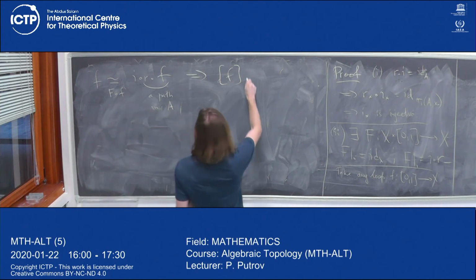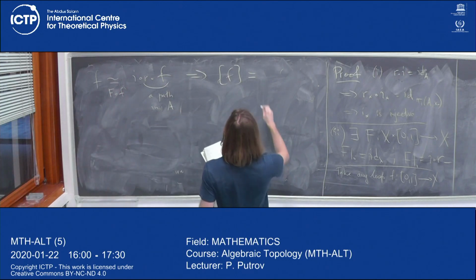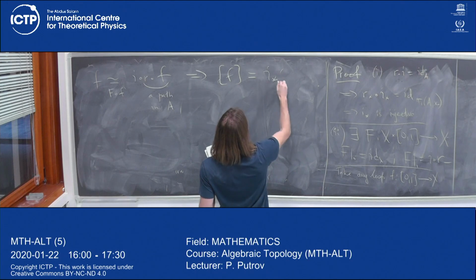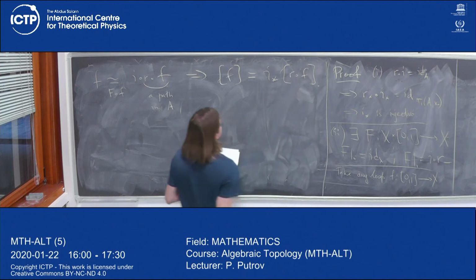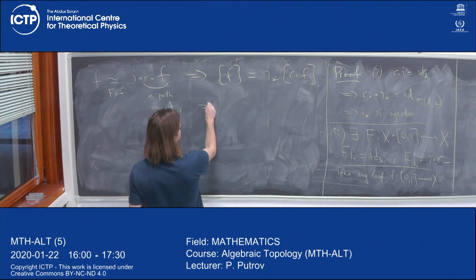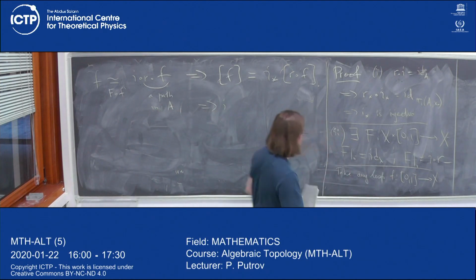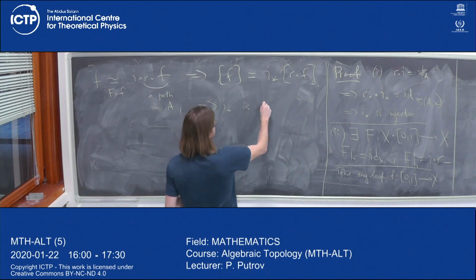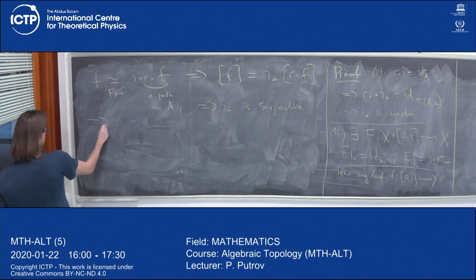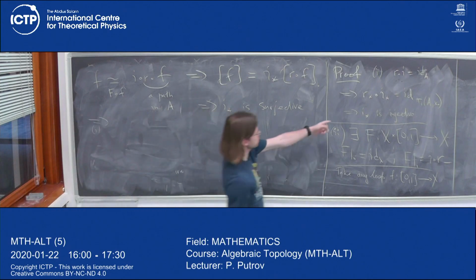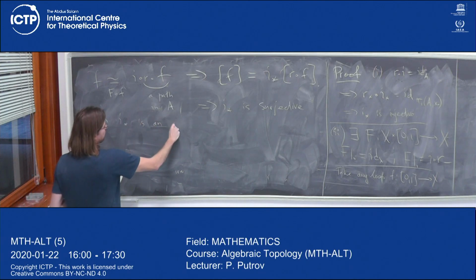So if I take the path homotopy class of both sides of this equivalence relation, I get that this is I star of the class of R f. This was possible to do for any loop f, and this means indeed that I star is surjective. And if I first use the result shown here, this means I star is an isomorphism.